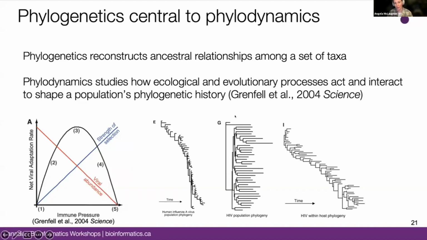So you don't have the co-circulation of diversity as you do with HIV between hosts, where you can see a lot of these tips are relatively close to the present. And also the distribution of branch length is kind of balanced across the tree, because these viruses have a very different evolutionary strategy with long chronic infections where they could have a long generation time, as well as they're more structured geographically.